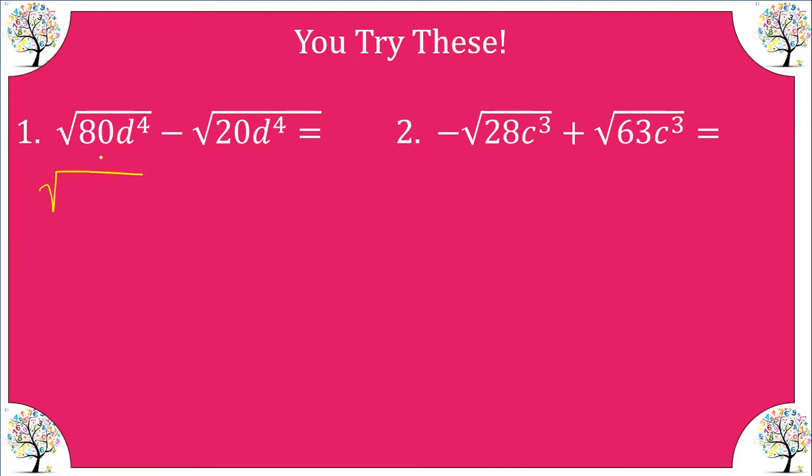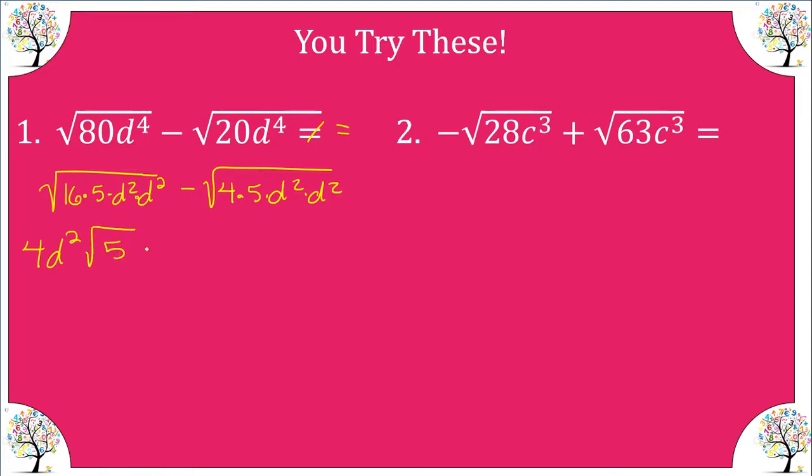Okay, the square root of 80 is going to be 16 times 5 times d squared minus, we have 4 times 5 times d squared. And this equal sign should be on the outside here, not underneath. And so here we have 4 times d and another d, so that's d squared.